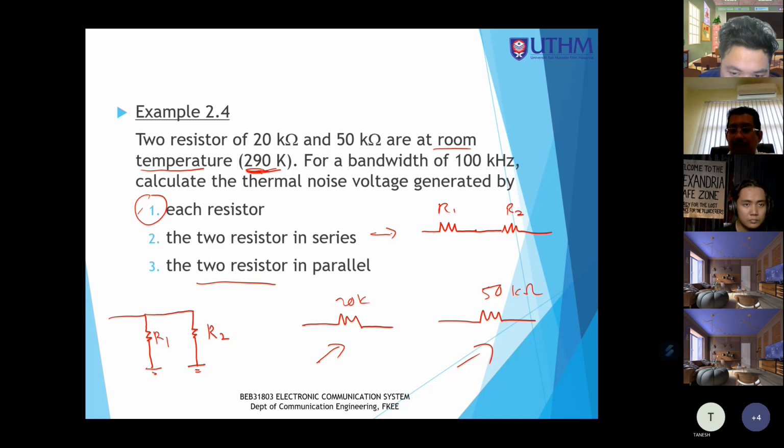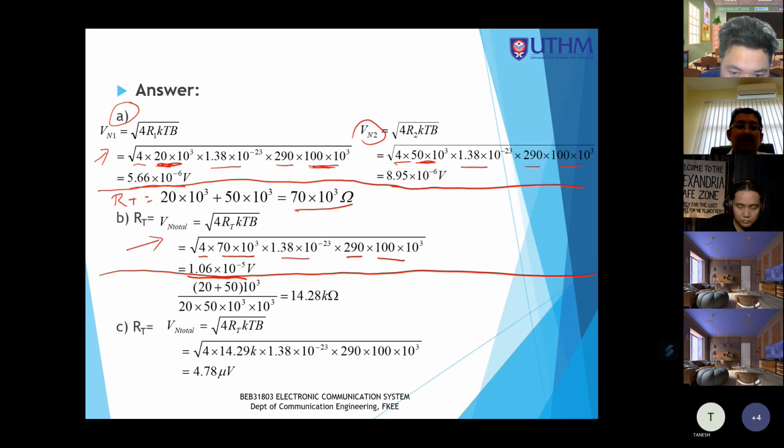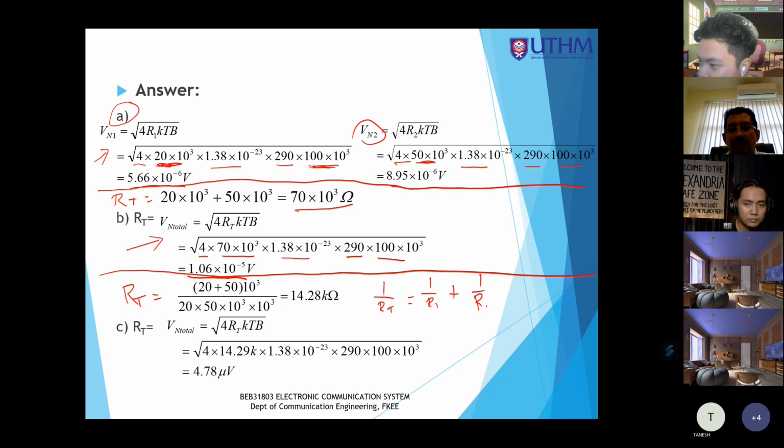Again kita perlu cari total resistance, yang mana 1 over R total is equal to 1 over R1 plus 1 over R2.